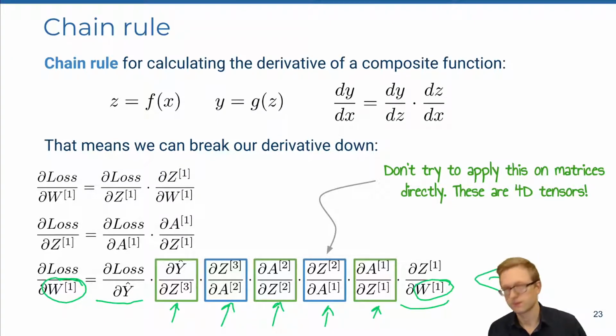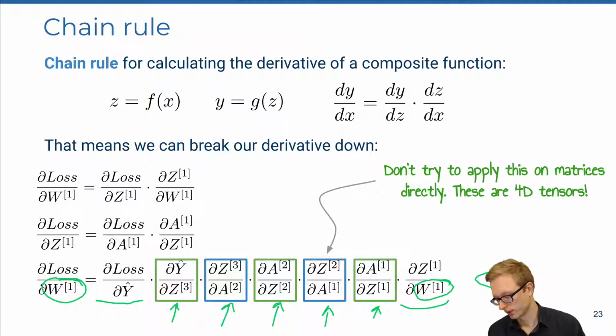So the partial derivative of a matrix with respect to another matrix is actually a four-dimensional object. This object contains the partial derivatives of every element in the first matrix with respect to every element in the second matrix.